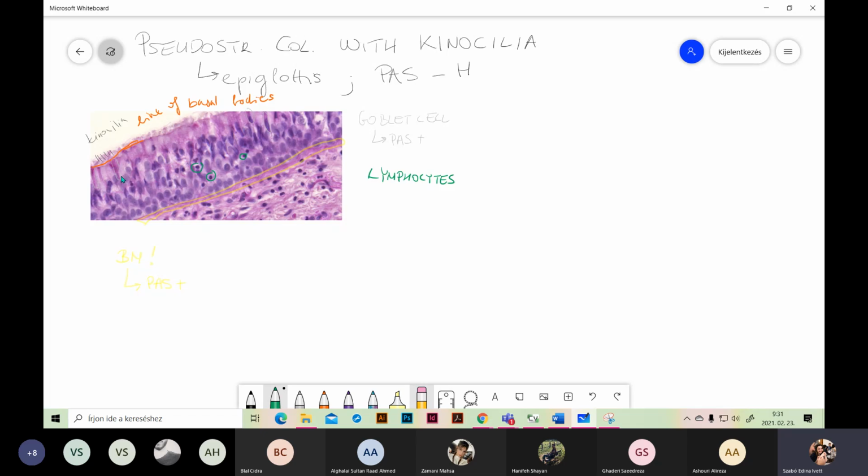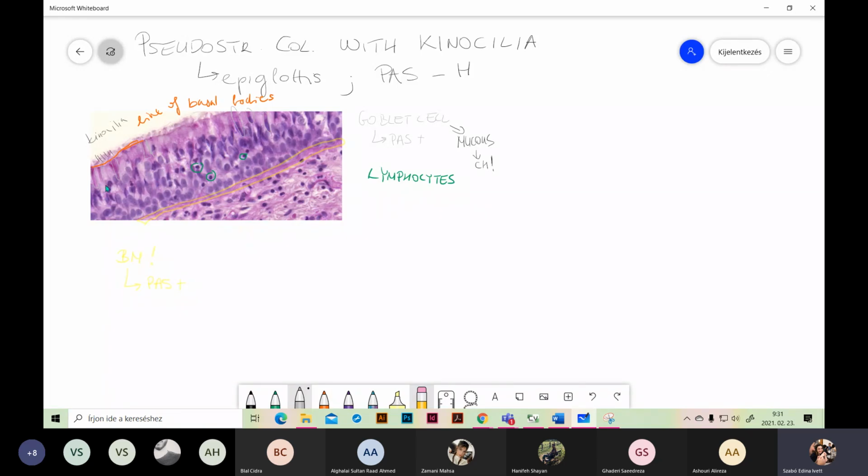The cytoplasm of goblet cells will be PAS-positive because the goblet cell produces mucus, and the mucus contains many carbohydrates. That's why the goblet cells will be PAS-positive. They belong to the glandular epithelium.